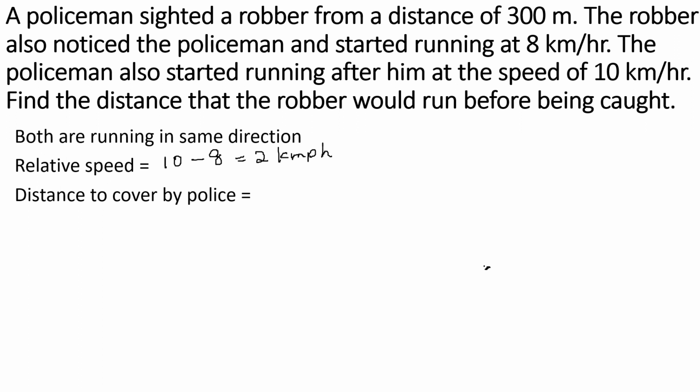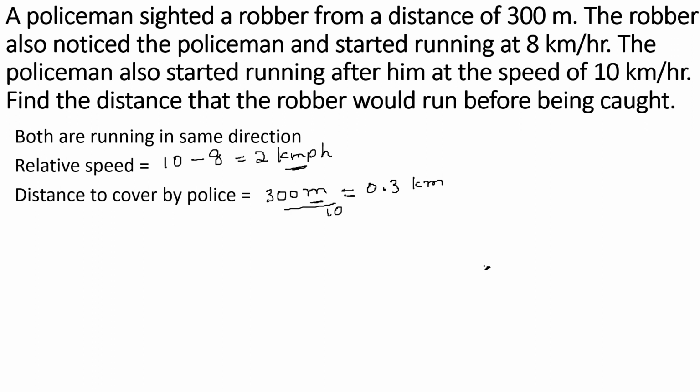Now, the total distance to be covered by the police in order to catch the robber is how many meters? 300 meters. Since here we have kilometers per hour and meters, we'll convert this into kilometers. So 300 meters means 0.3 kilometers. You have to divide by 1000.